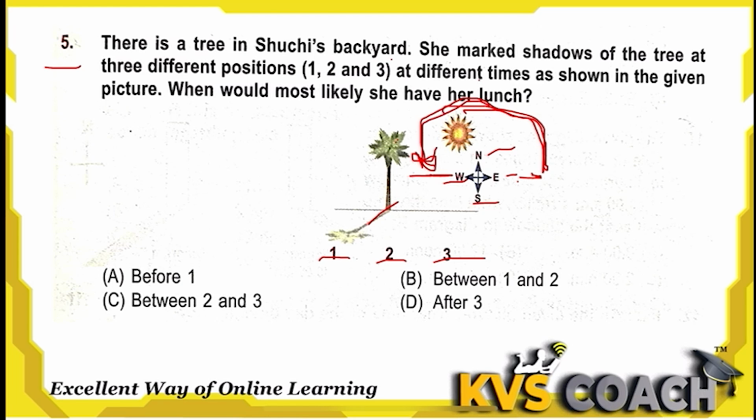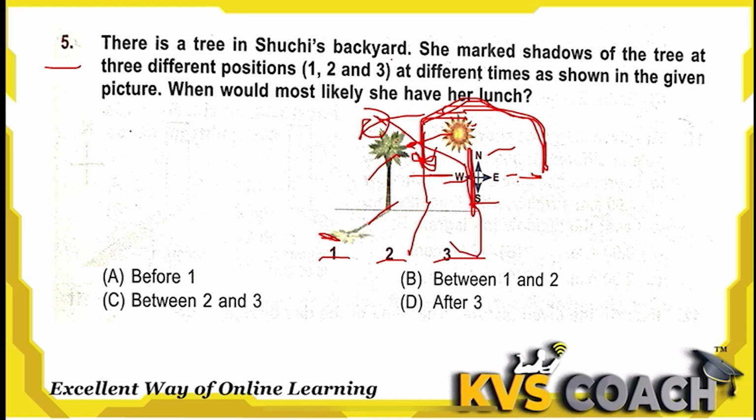If the light is here, the shadow is behind the object. When the sun is here, the tree will be here and the shadow will be here on 3.